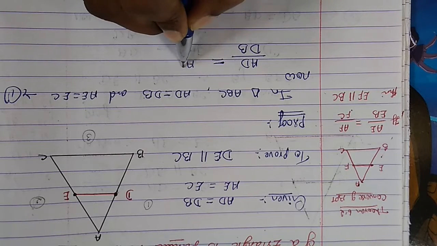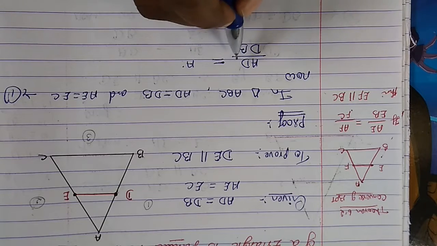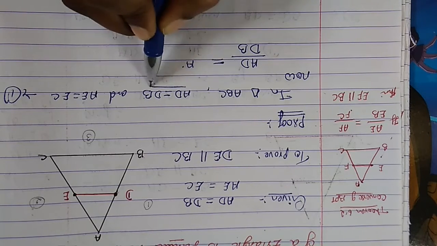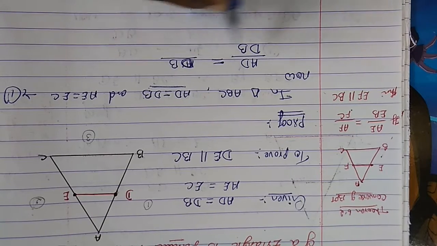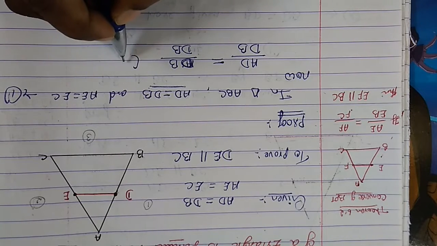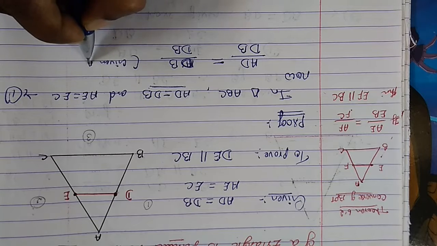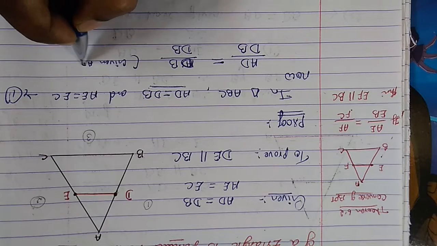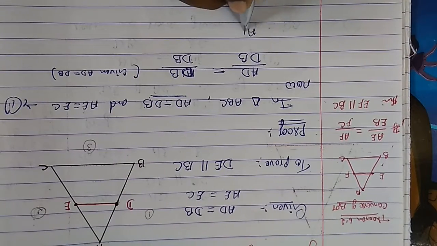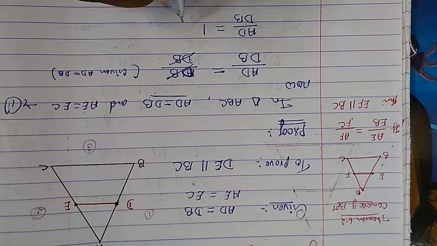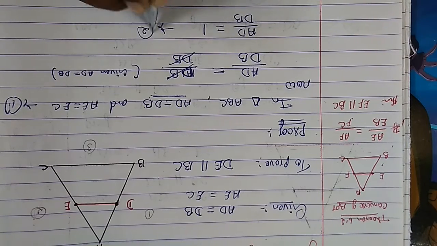Now AD upon DB. You see, AD is equal to DB, so instead of AD we'll write DB, and the denominator DB as it is, because it is given that AD is equal to DB. So AD upon DB, these two get cut, and we have 1. Let's consider this as equation 2.